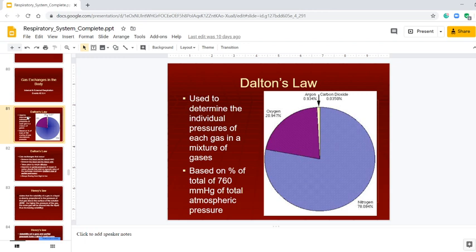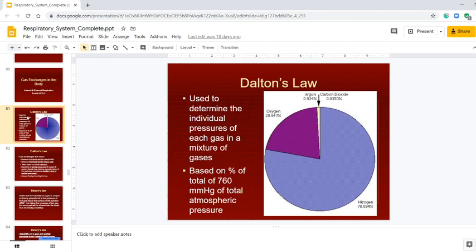Now, when we get into Dalton's law, it's used to determine the individual pressures of each gas in a mixture of gases. So now we're talking about the individual pressures within something. It's based on a percentage of the total millimeters of mercury in atmospheric pressure.